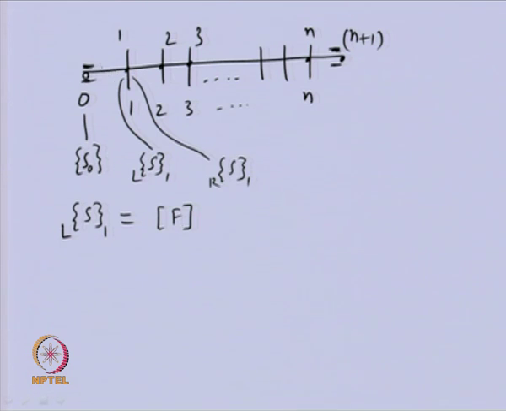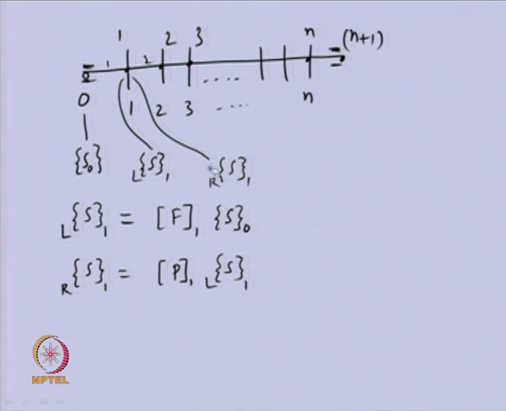Let us say this is shaft 1, shaft 2 like this. If we multiply S naught by the field matrix, we can get the state vector left of disk 1, and the state vector right of disk 1 is related with the point matrix of disk 1 and the state vector left of disk 1. So, these two state vectors are related by the point matrix.